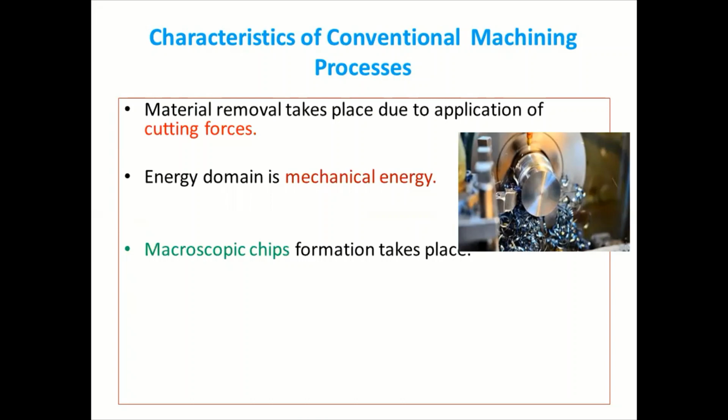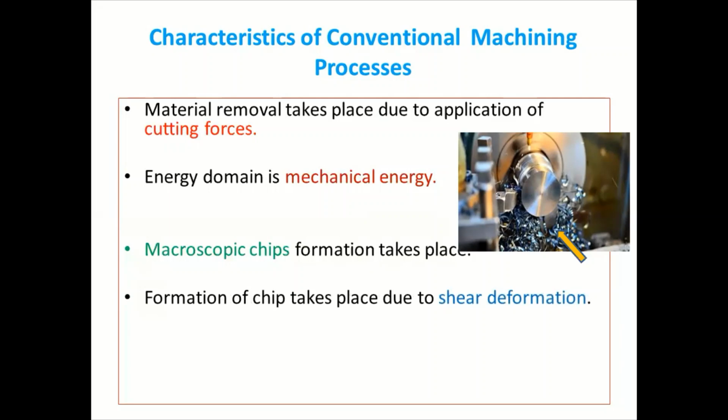Macro chip formation takes place. Students, when we are talking about the chip, it means that the chip is thick, and these chips which we observe here, especially on the lathe machines when we are doing the turning operations, so big chip formation takes place there. Formation of chip takes place due to the shear deformation.